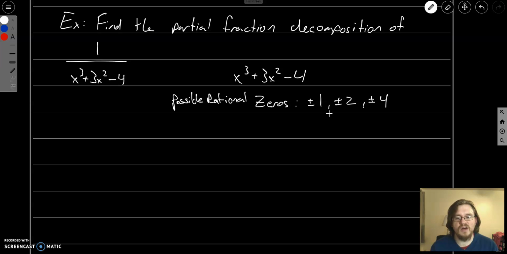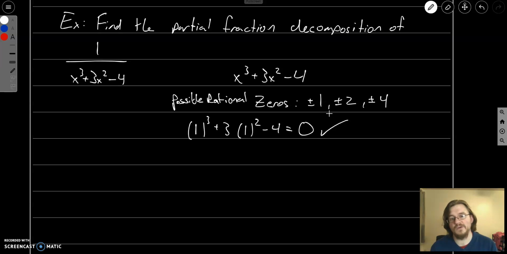So if I plug 1 into here, so if I have 1 cubed plus 3 times 1 squared minus 4, we do get 0. So first try we get a 0. So we know that 1 is a 0. If 1 wasn't a 0, I would try -1 and then plus 2 and then -2 and then plus 4 and then -4, and I would just search until I found a rational 0.